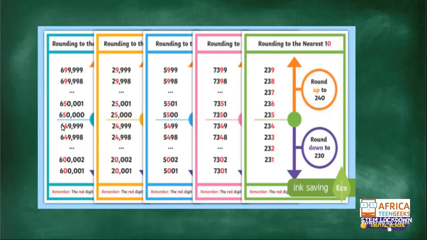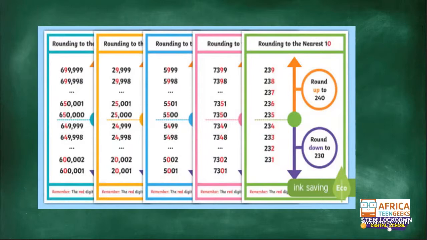And all the numbers from 649,999 down to 600,001 will be rounded down to 600,000. Right? Will be rounded down to 600,000.